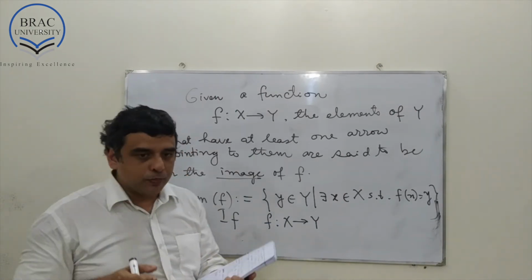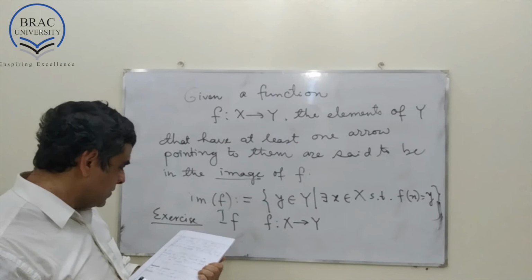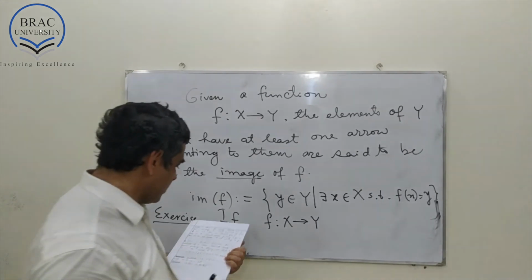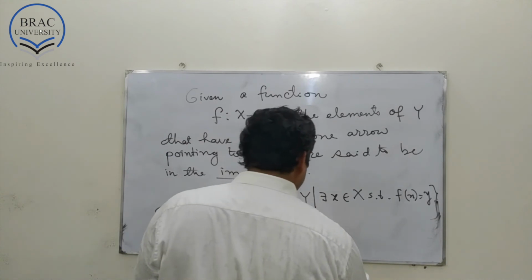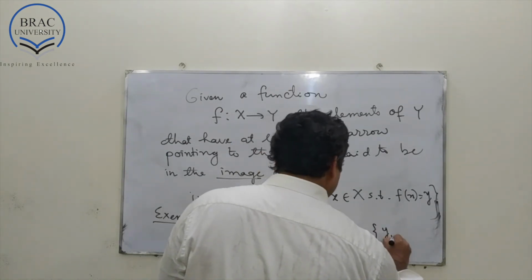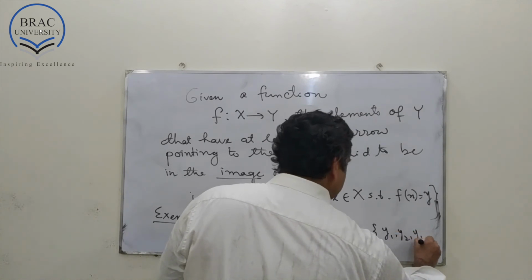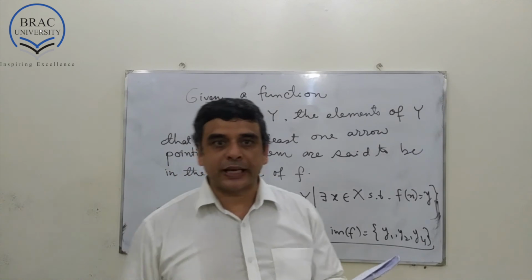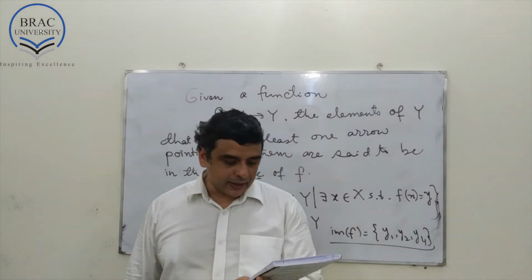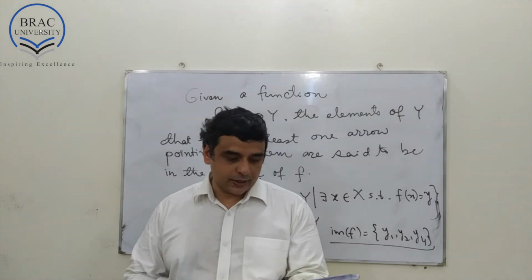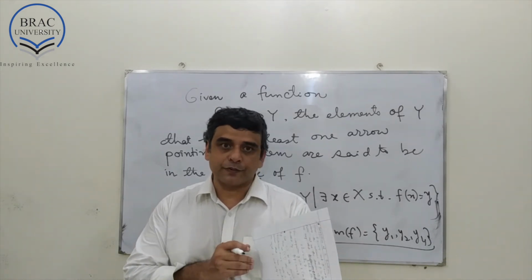If you go back to the figure and see what the image of f is, you will immediately find that the image of that function is precisely this three-element set. Okay? So this finishes the first segment of the second lecture. I'll get back to you with the remaining part of the functions.